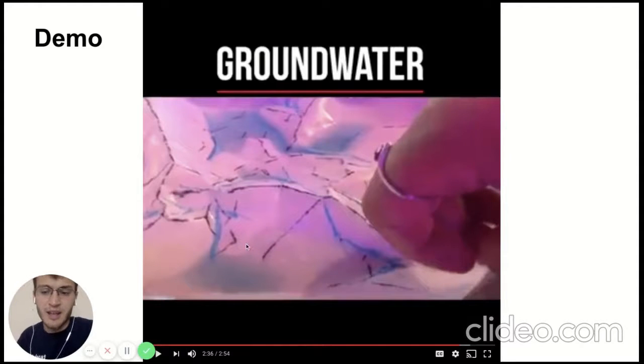If the water fell on this side of the mountain, the water's going to go down this side of the mountain. If the water fell on this side of the mountain, it's going to go this way down the mountain. But the streams formed on the mountains as a way for the water to get down to the lake.